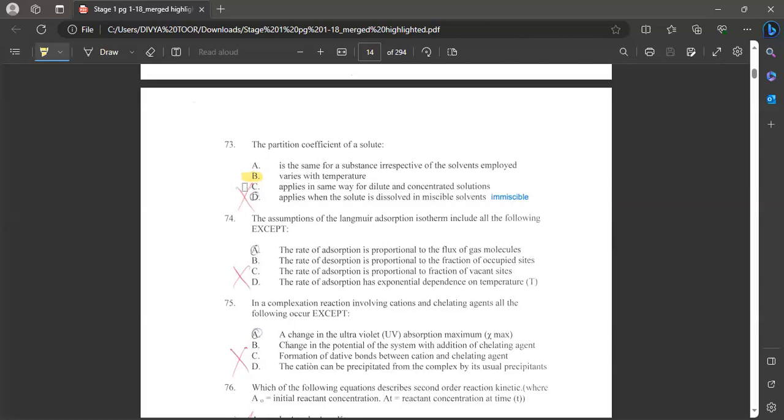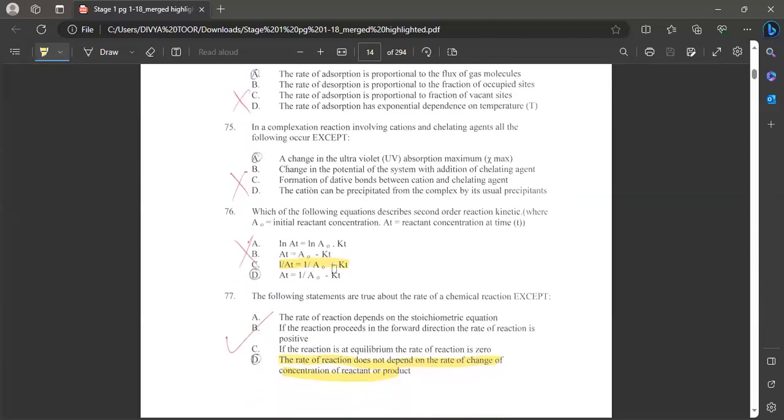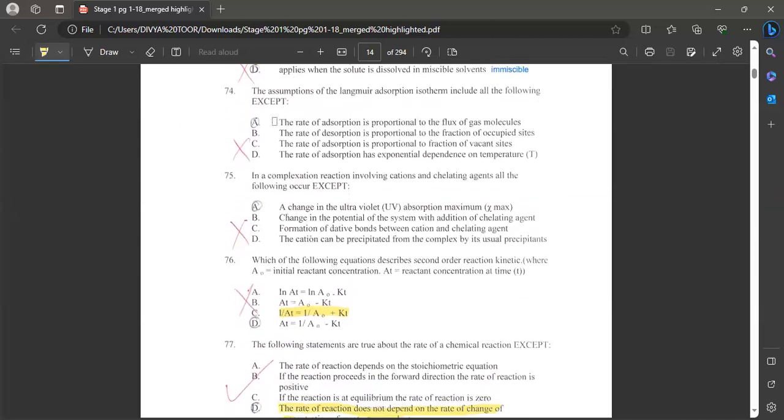Okay, that's a lie. Then applies in the same way for dilute and concentrated solutions. Then applies on the solute is... Okay, I'd also go with B, varies with temperature. And that makes sense. Okay, and then number 74.